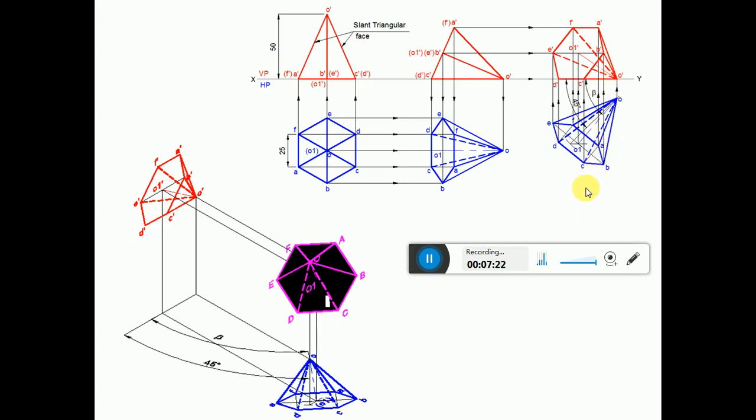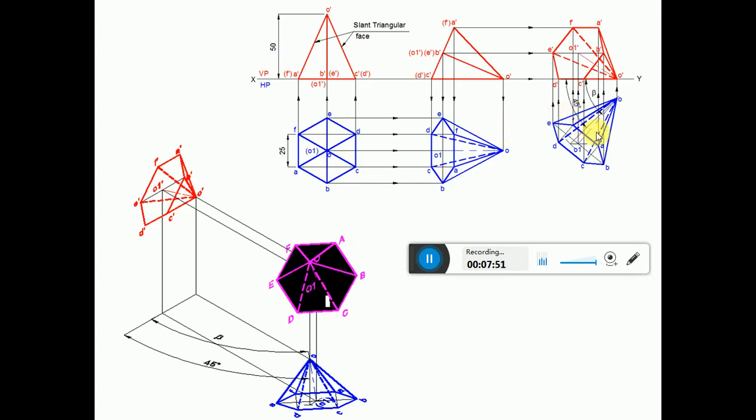So when you look from the front view, the hexagonal surface ABCDEFA are the edges which are visible. Here, when you look from the front view, A, B, C, D, E, F all are near to the observer, so it becomes visible. So you can see O is here and O1 is near to the observer, so the surface is visible.